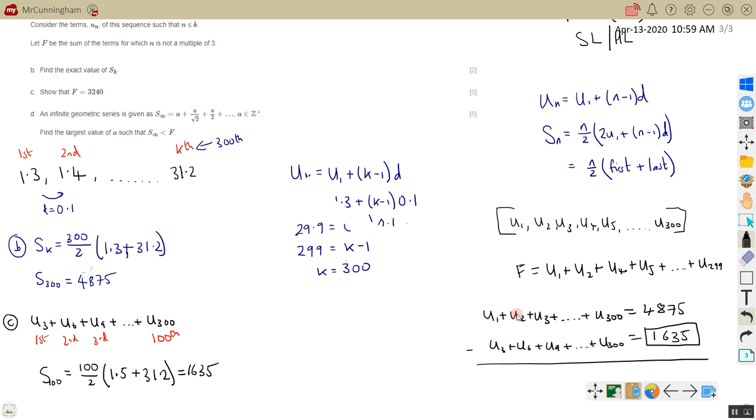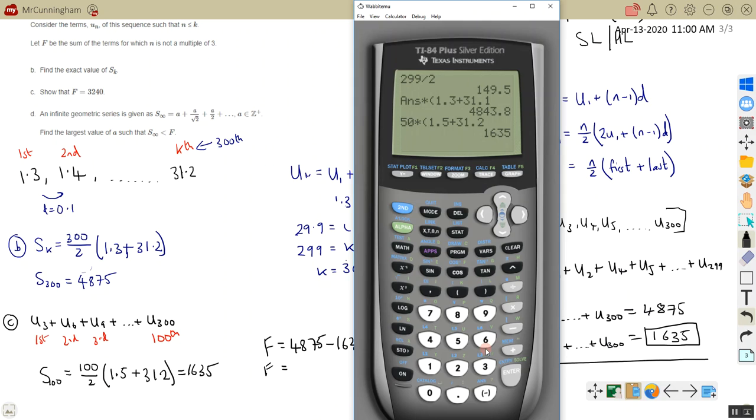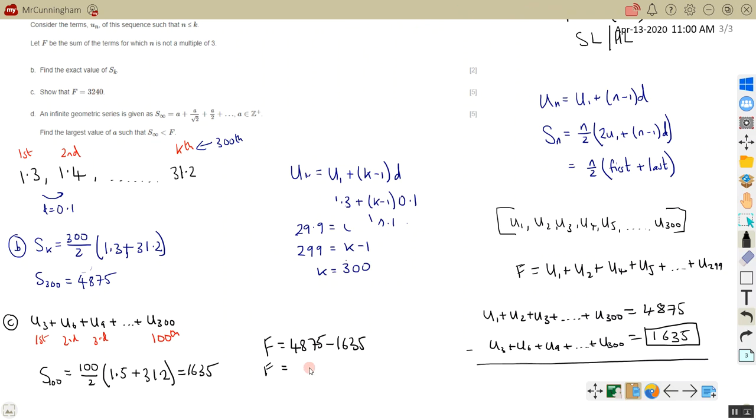Okay, so this is all of the terms, which is 4875. This is just the terms which are multiples of 3, 1635. If I want everything that is not a multiple of 3, then I just subtract these. So f is going to be equal to 4875 take away 1635, which gives 3240, which is what we are after.